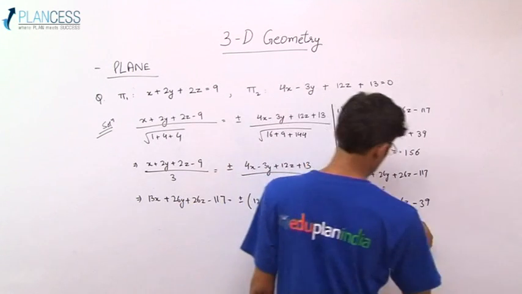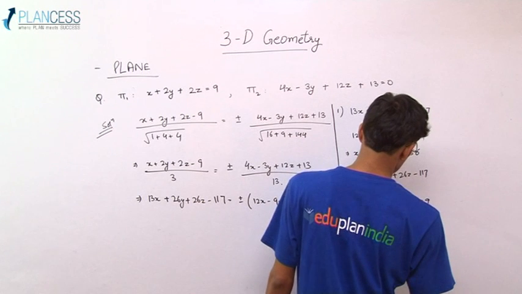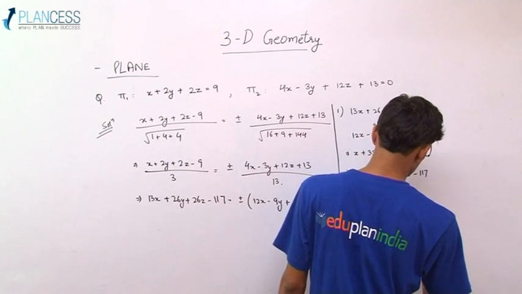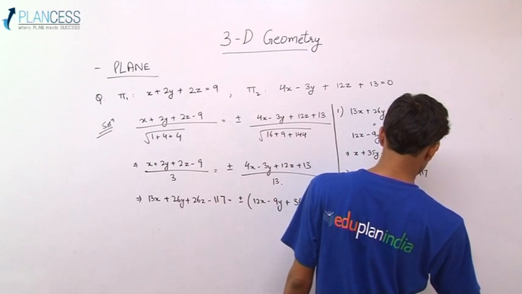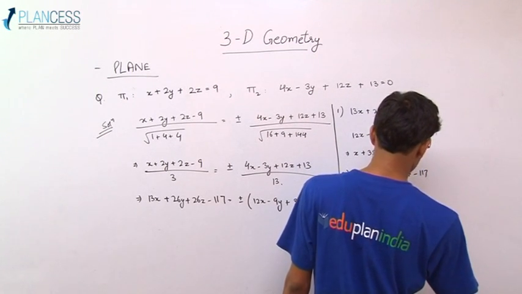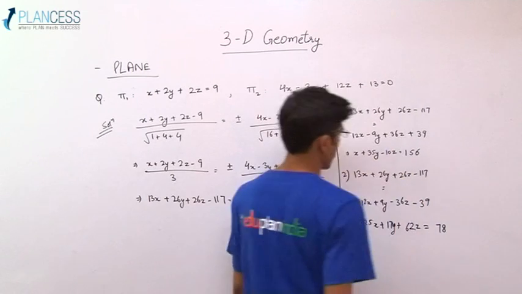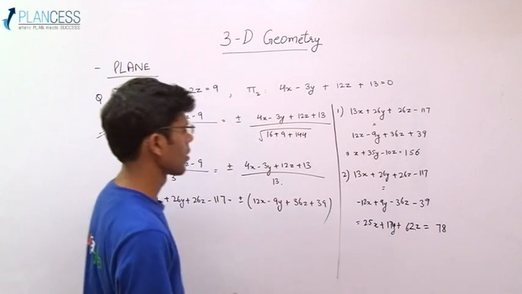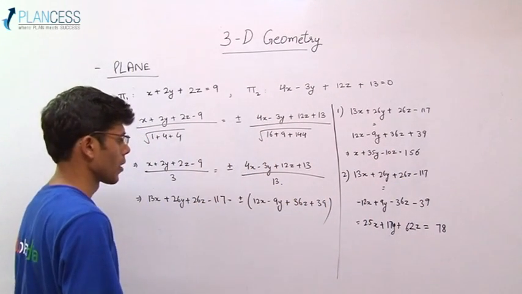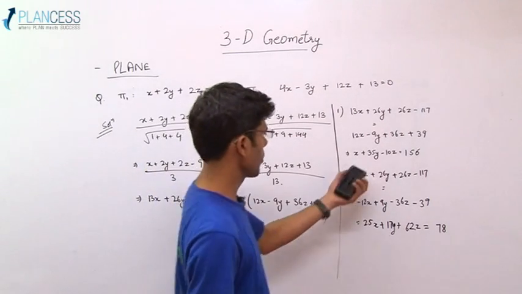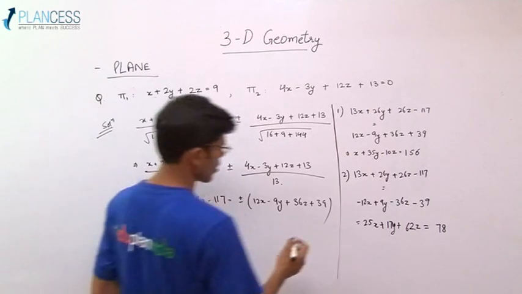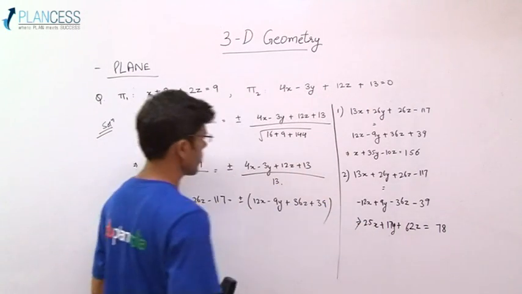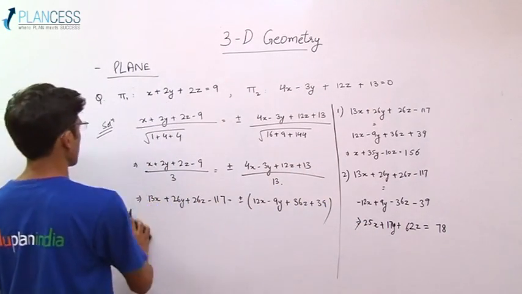Okay, so this is the equation keeping the positive sign, this is the equation keeping the negative sign. So here we get two planes. Now we have to find which plane is the acute angle bisector, which is the obtuse angle bisector.